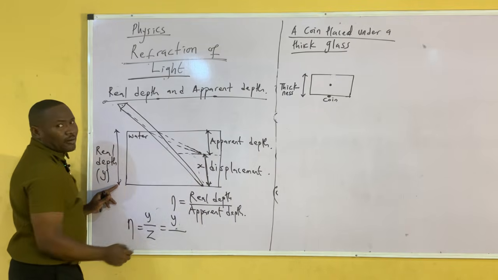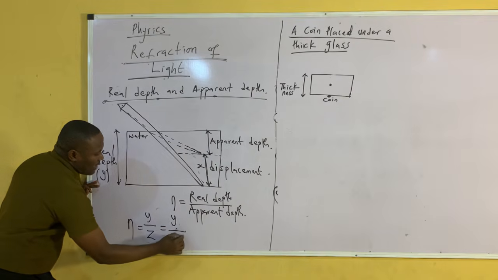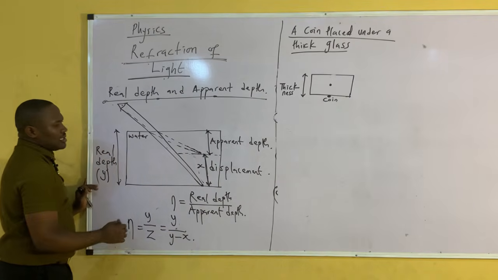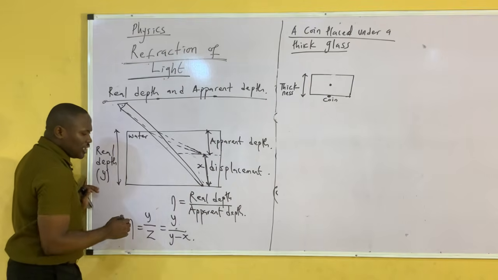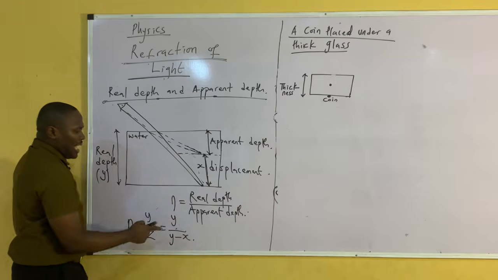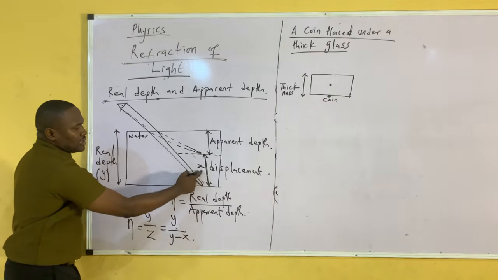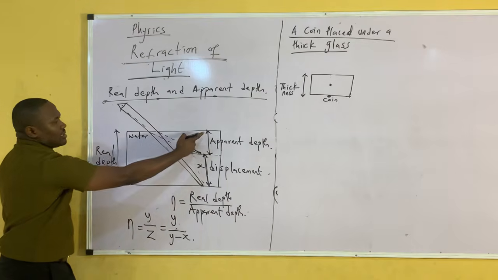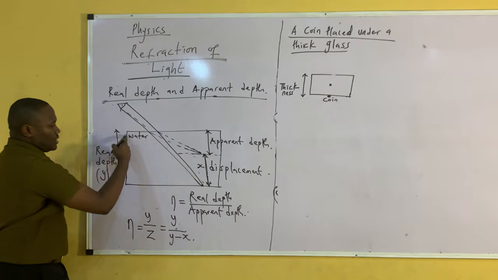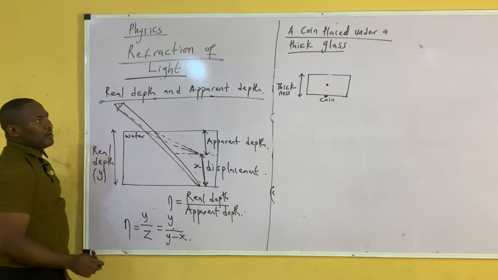So apparent depth is y minus x. Take note of this. It means that apparent depth is equal to real depth minus displacement.